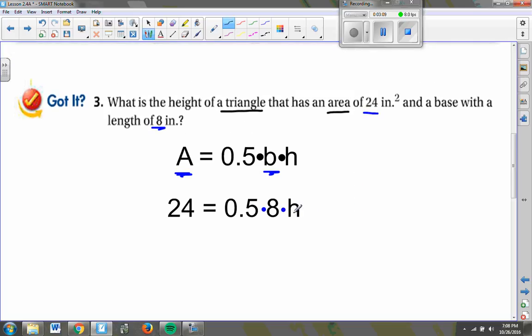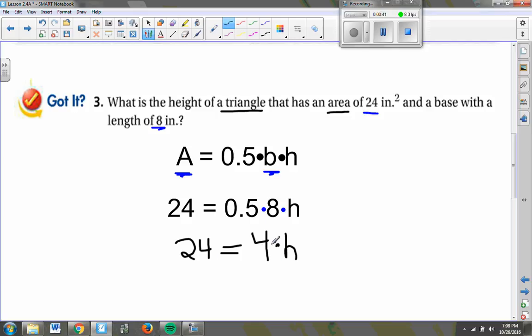Now this is an equation that has just one missing piece, and we should be able to solve it for h. It's easy to start by multiplying the numbers: 0.5 times 8 equals 4. So this side says 4 times h, and 24 equals 4 times h.